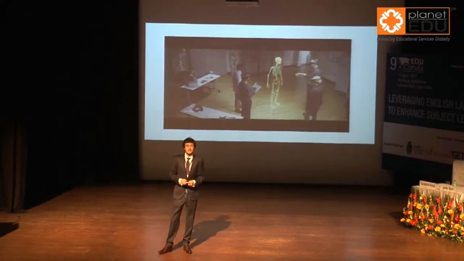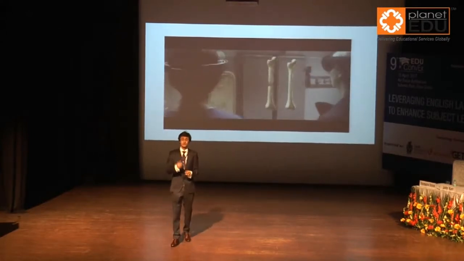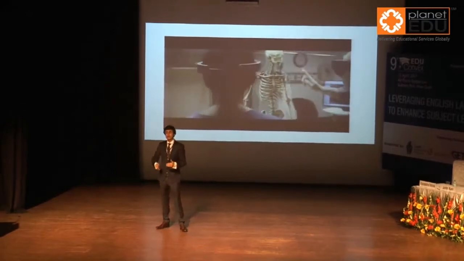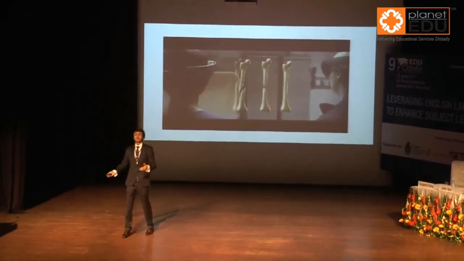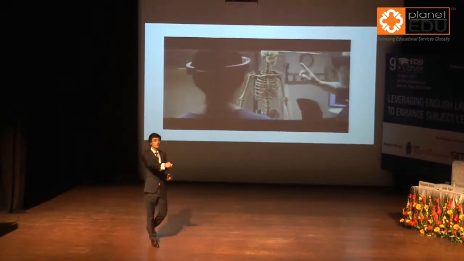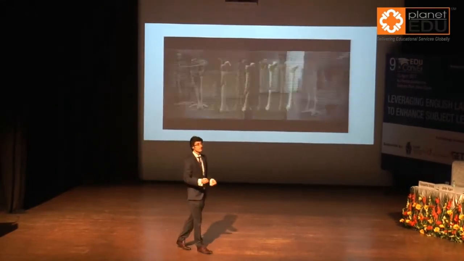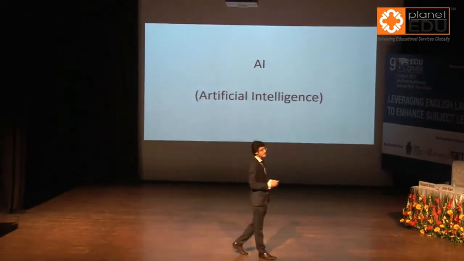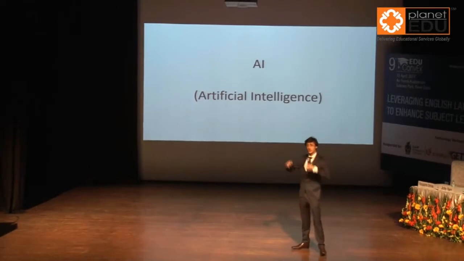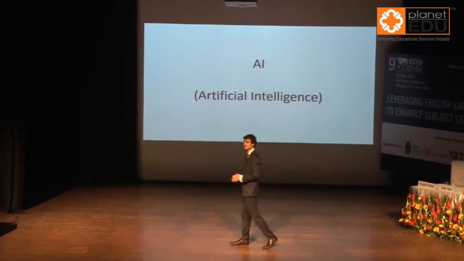When the machine starts to learn from human behavior, and it automatically creates those combinations for you to help you achieve the goal that you're trying to achieve, is what artificial intelligence is. I'll give you a very brief example which is already happening today.